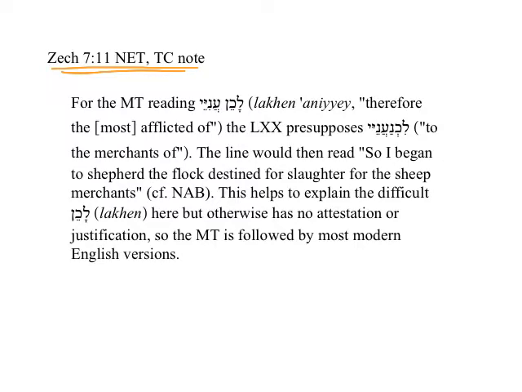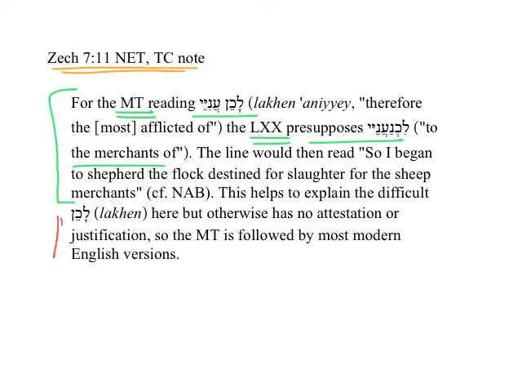This is what appears in the NET Bible under Zechariah 7:11. In the first part of their note, they are just listing out the evidence, what we've already discovered: the Masoretic reading, "therefore the most afflicted of," versus the Septuagintal Vorlage, being something like "to the merchants of."